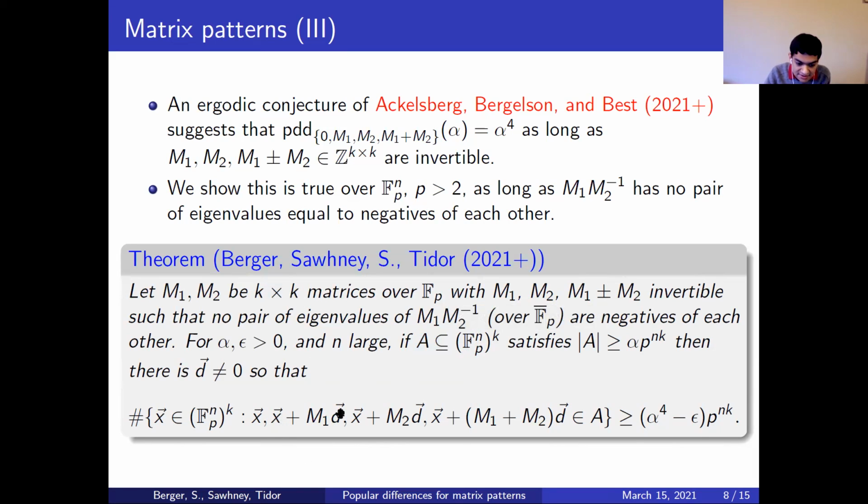Now X and D are in G to the power of K; they're just K-tuples of elements of our group G. You can apply a matrix M1, which is K by K, let's say over F_p, in a very natural way to a vector of size K, just by usual matrix multiplication.